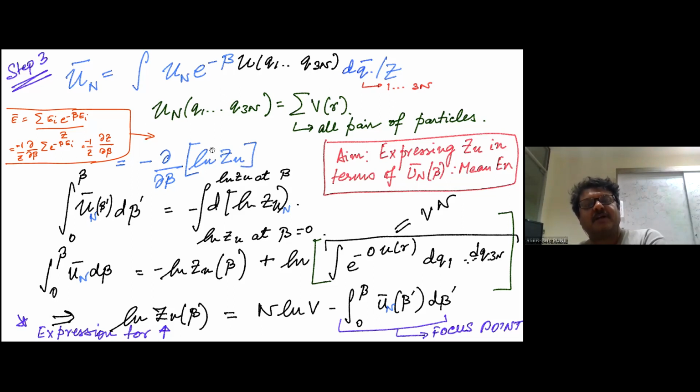What is our aim? Our aim is to write log Z in terms of u bar, the mean energy of the system. To that end, this looks like a differential equation, so we take del beta on this side.